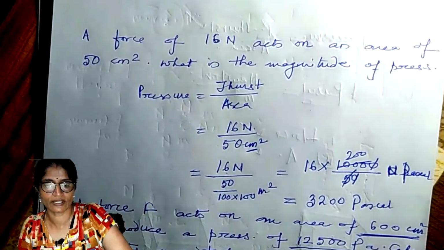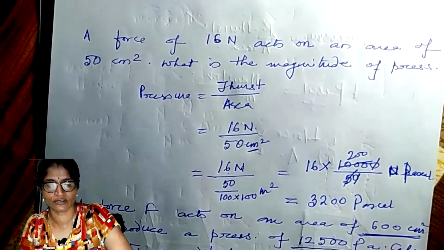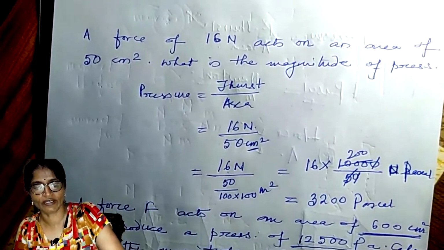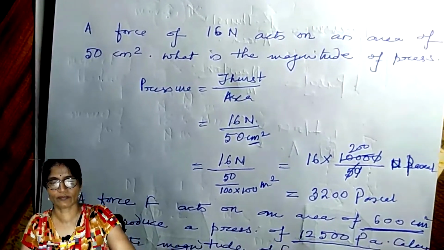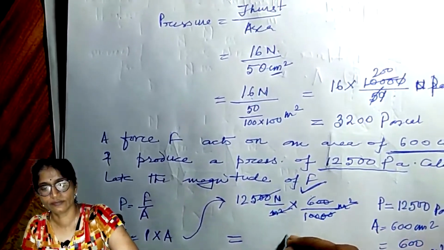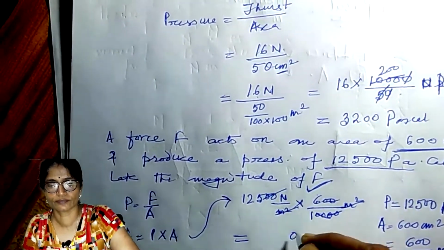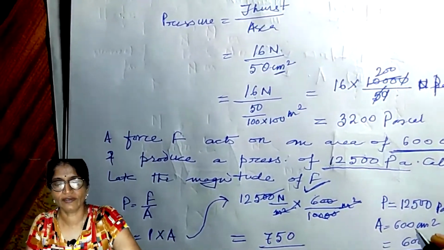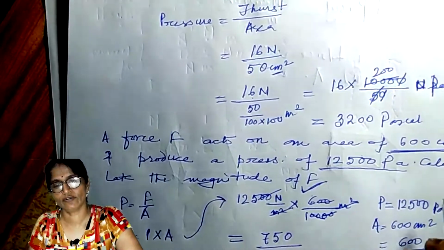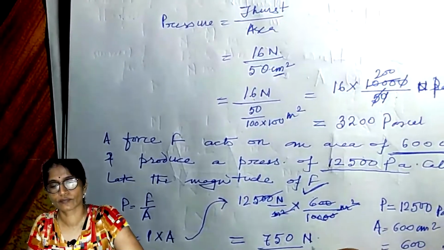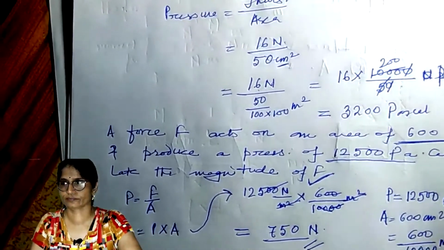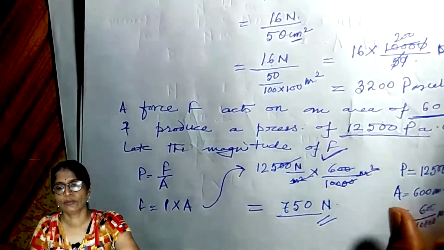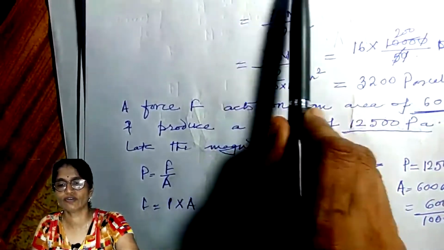Meter square cancels, two zeros cancel with this, and these 2 zeros cancel with this one. 125 into 6, so that is equal to 750 Newton. 750 Newton.